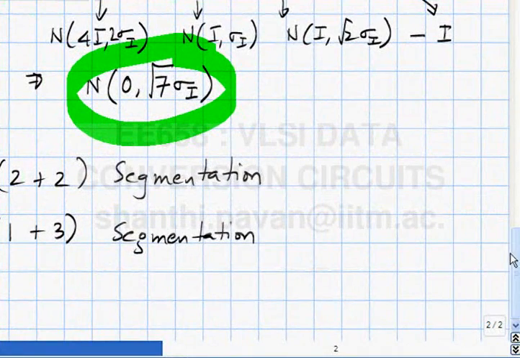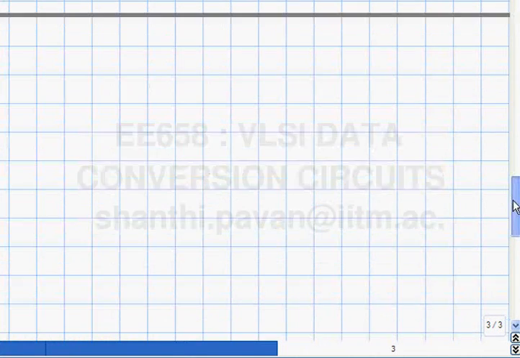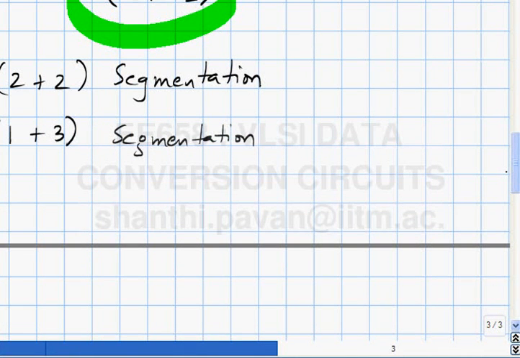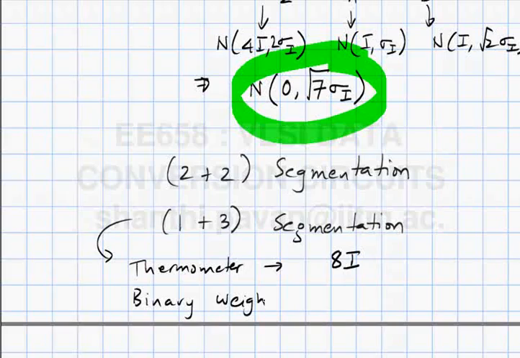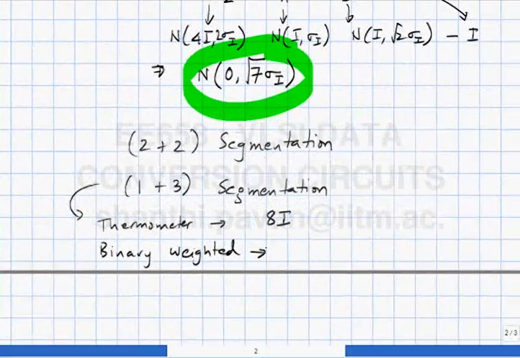What does this 1+3 segmentation mean? The thermometer is a 1-bit DAC. So the thermometer has got a single current source of value 8I, and the binary weighted one has 3 current sources.